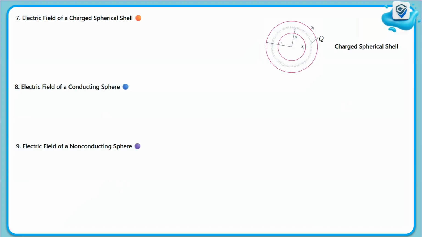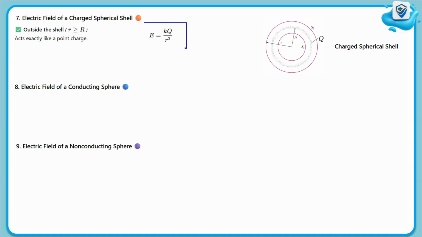We'll compare the electric field of a charged spherical shell, a conducting sphere, and a non-conducting sphere. Step 1. Charged spherical shell. Let's start with the spherical shell. If the observation point is outside, the shell behaves exactly like a point charge located at its center.